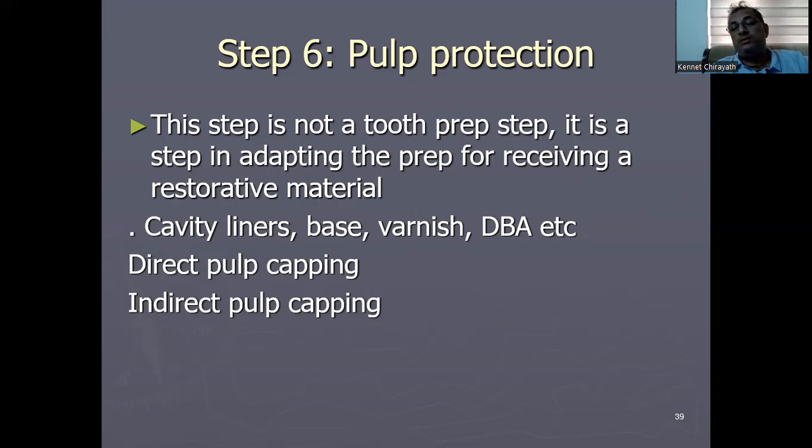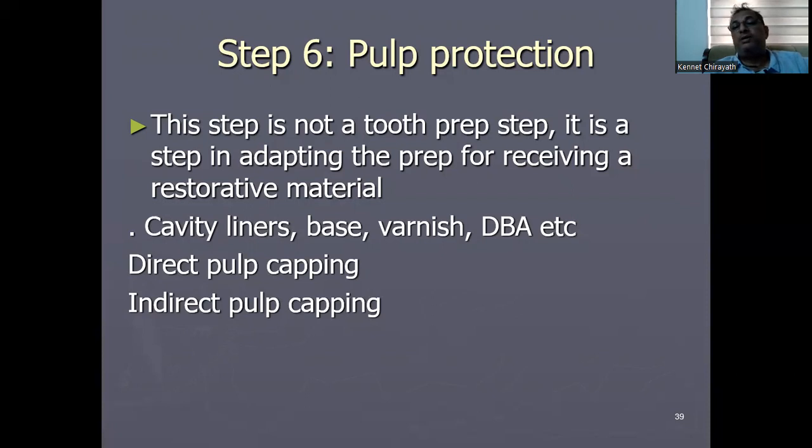So in the case of amalgam, the base should be given. In a normal case, the minimum thickness of amalgam is 1.5 millimeter and 0.5 millimeter for the base. This base will protect from hot and cold food material.